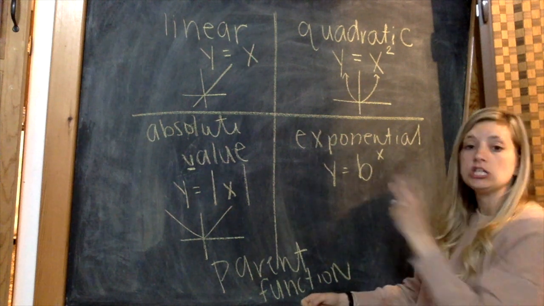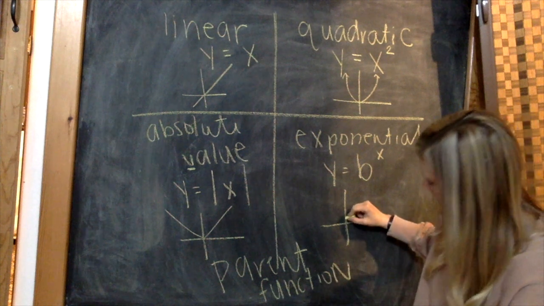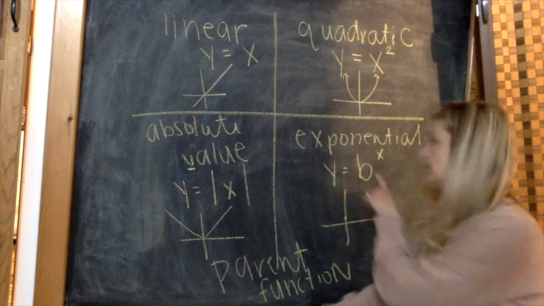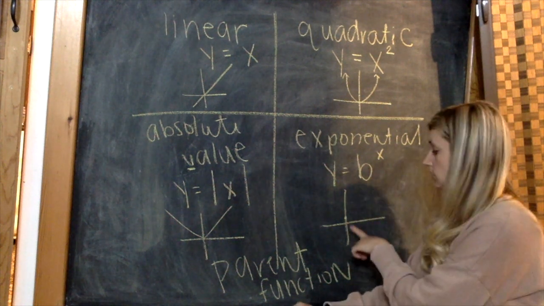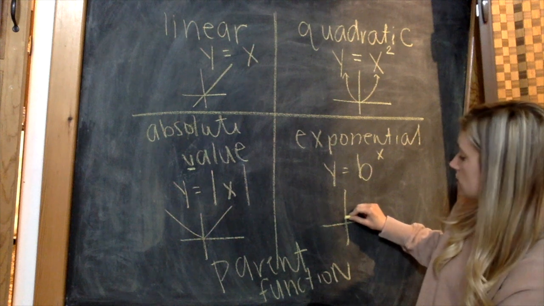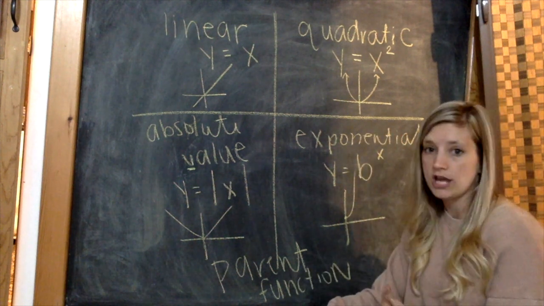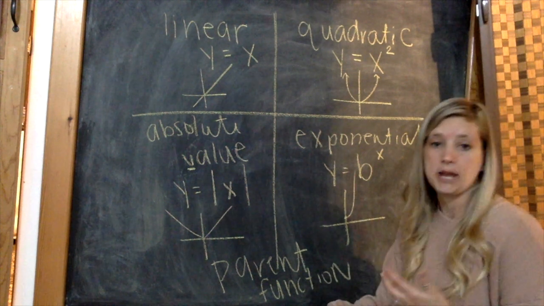This is what's changing, and it's growing rapidly. So we're going to start right here at that 1, because even if this is a 0, remember anything raised to the 0 is going to spit out a 1. So 0, 1. And from here, it's going to shoot straight up like a J.